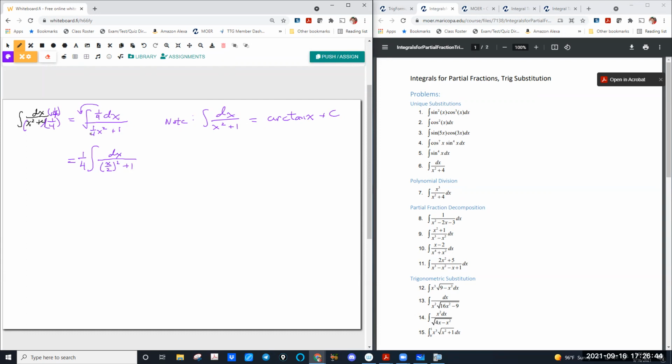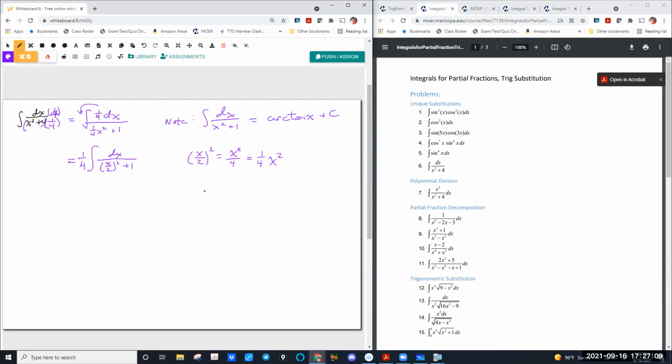Are these the same thing? Let's take a look. X over 2 squared. That's x over 2 times x over 2. You square the x, you square the 2. That's x squared over 4. That, if I wanted to, I could rewrite as 1/4 x squared.